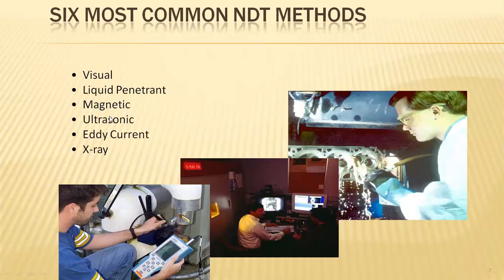Next one, the magnetic type of testing process. Here, in magnetic testing, we have two different processes. First process is magnetizing the specimen which needs to be observed, applying the magnetic properties on it and examining the results. That's the first technique.